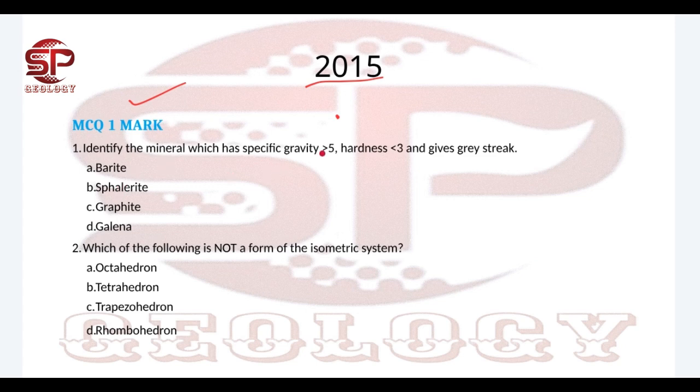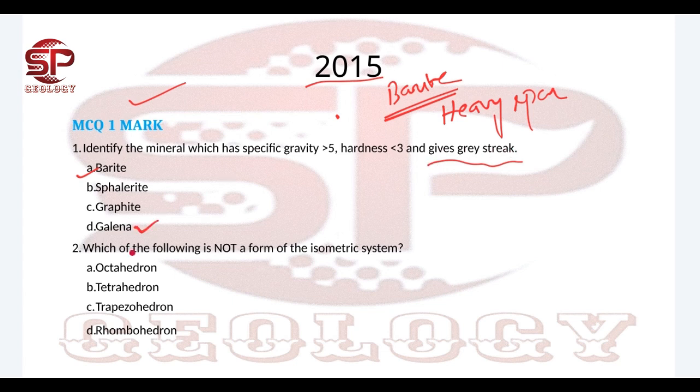Identify the mineral which has specific gravity greater than 5, hardness less than 3, and gives a grey streak. Here we have barite, which has high specific gravity. Barite is called heavy spar, but it does not give any grey streak.